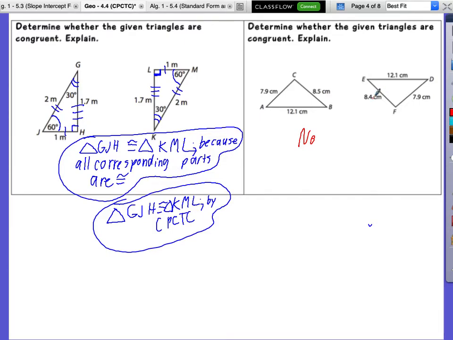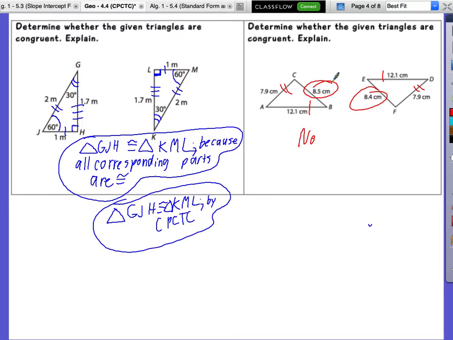What's our big fancy word for matching up? Corresponding. These corresponding sides are not congruent. That could be your explanation right there. No, circle, circle. This is the information that tells us no. Because 12.1 is congruent to 12.1, 7.9 is congruent to 7.9, but this one's not congruent, so they're not congruent triangles. Because all the sides have to be congruent. These aren't.